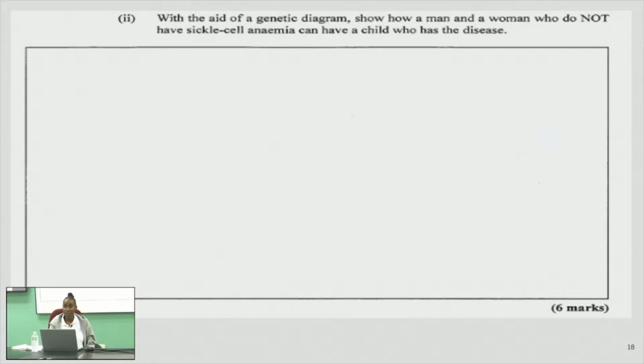Now, it's a 6 marks question, which means you're going to have to indicate the genotype of the mother and the genotype of the father. You're going to have to draw a Punnett square and fill in the possibilities of the offspring. And then you're going to have to write the results that you could possibly get.